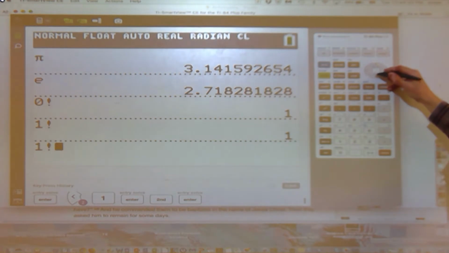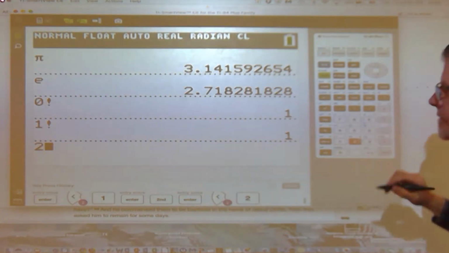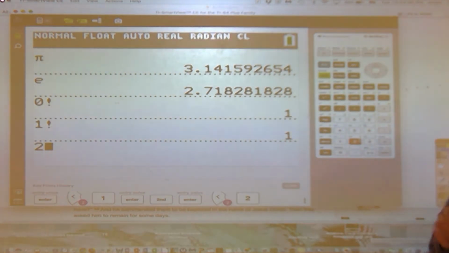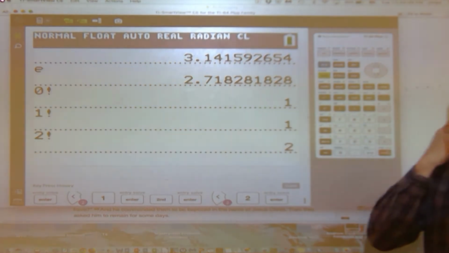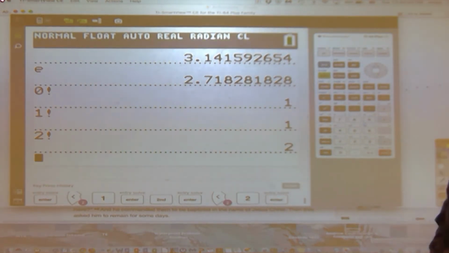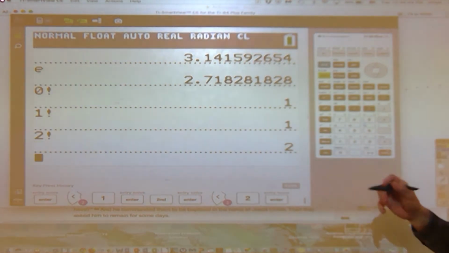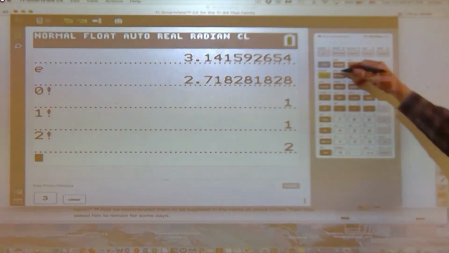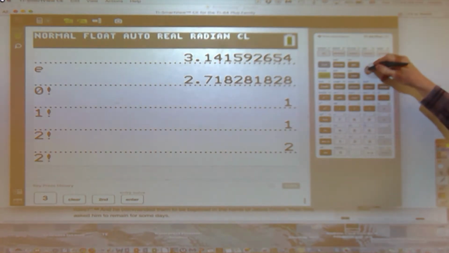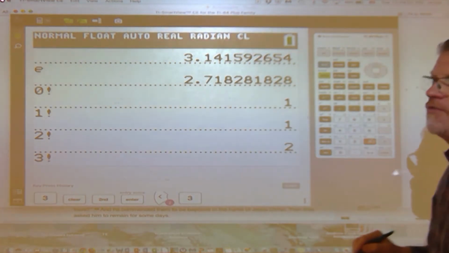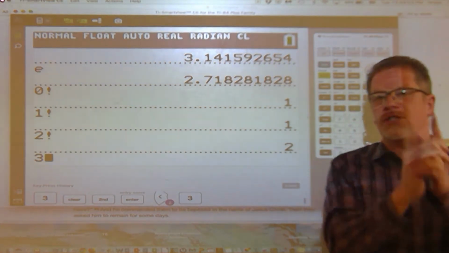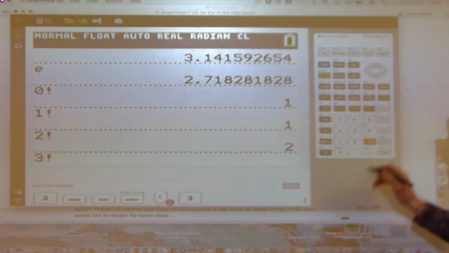Any ideas as to what 2 factorial is? It's equal to 2. Factorial is an operation. To find 3 factorial, you take 3 times 2 times 1, so that'd be 6.